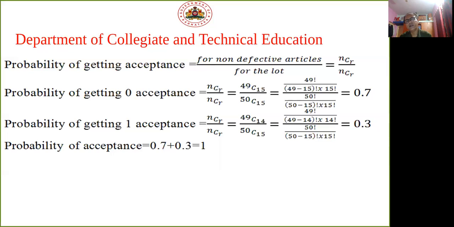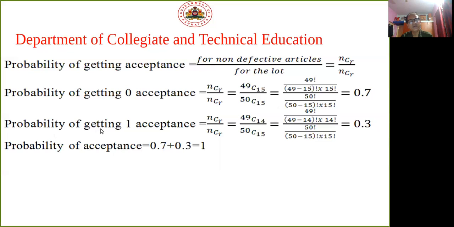You get it for the non-defective items and for the whole lot. When you divide both, this is equal to 0.7. So I'm getting 0.7 as the probability for 0 defective.